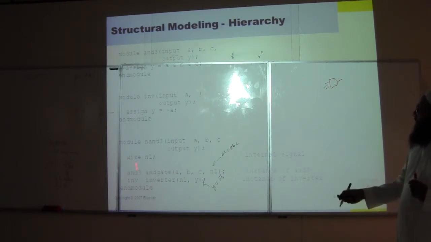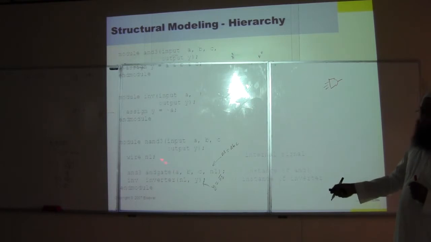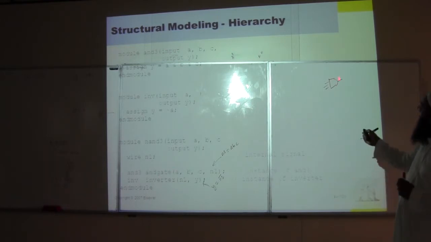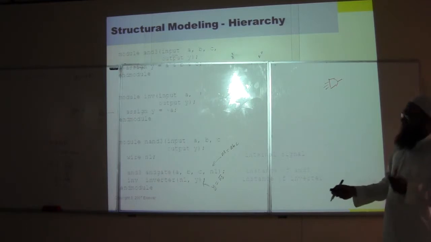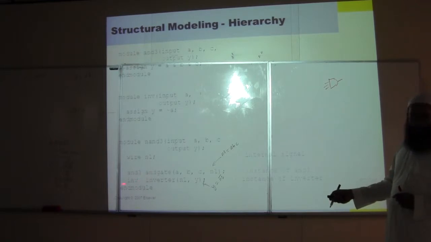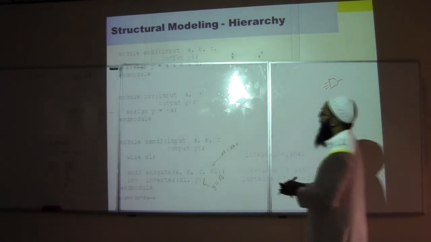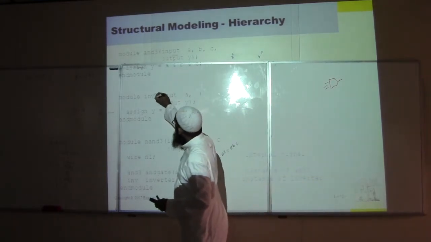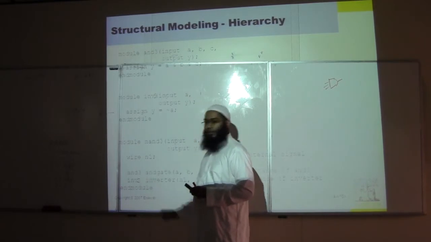But this N3 should be same as this N3 because you are making a copy here. You made a gate, you are making a copy. So which kind of gate? This kind of gate. Which kind of inverter? This kind of. So this INV should be same as INV. If you write here INV 2, you should write here INV 2.